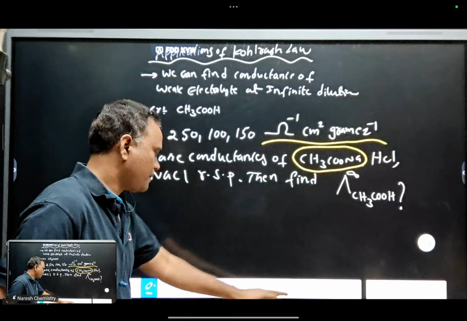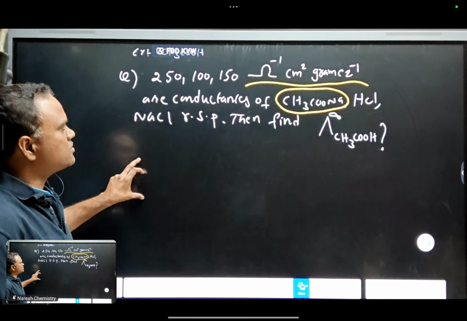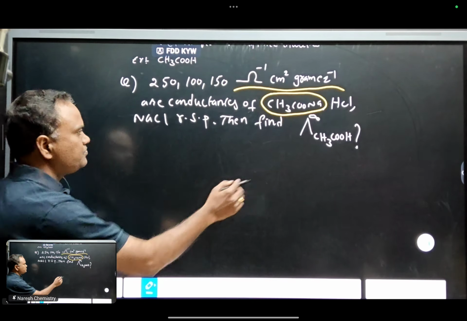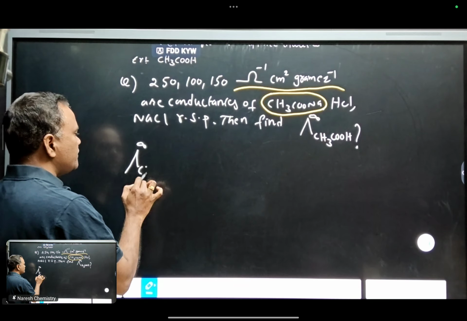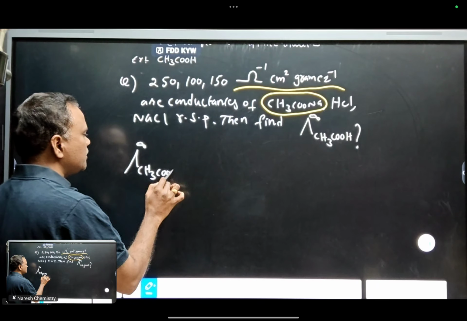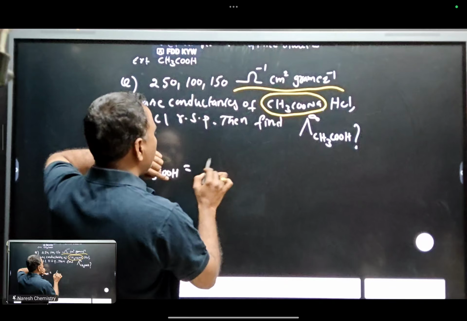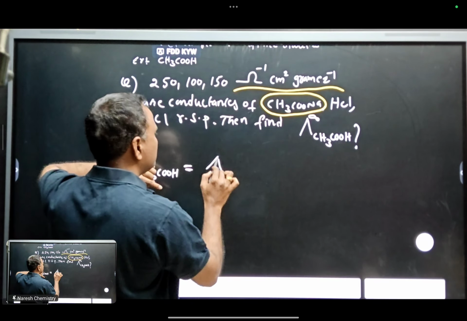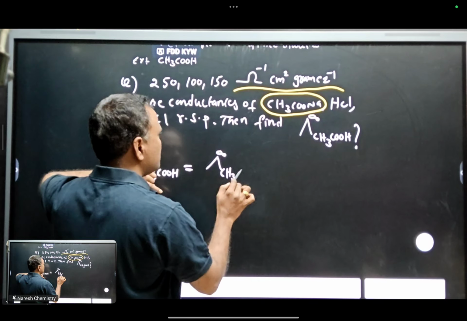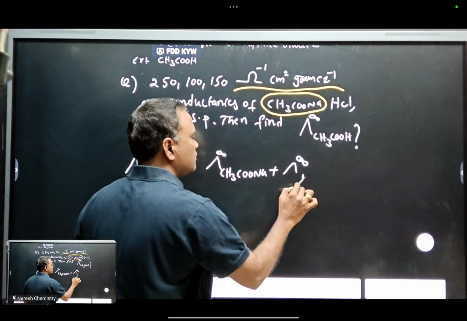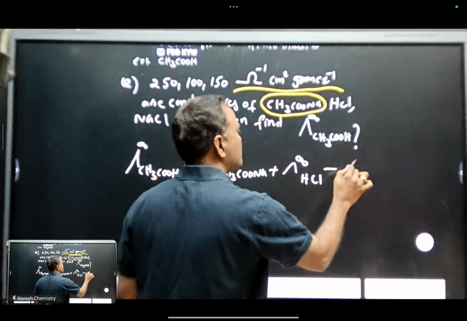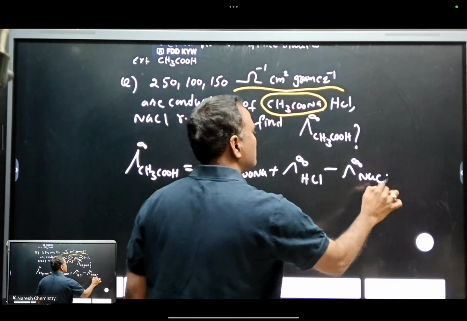I'll explain. See this, you can understand. We are going to calculate lambda infinity of acetic acid. What we are doing, you tell. I am adding conductance of CH3COONa plus HCl and subtracting conductance of NaCl.